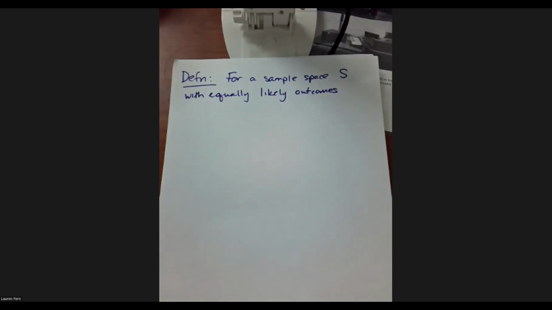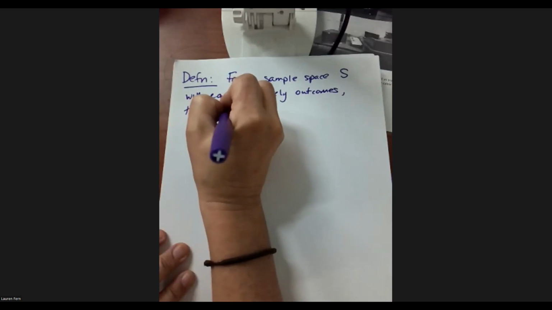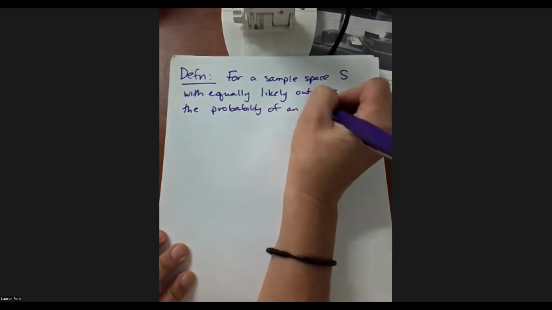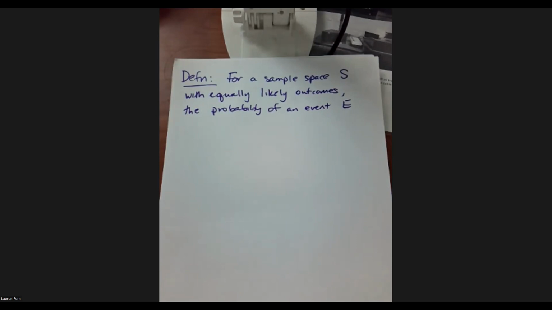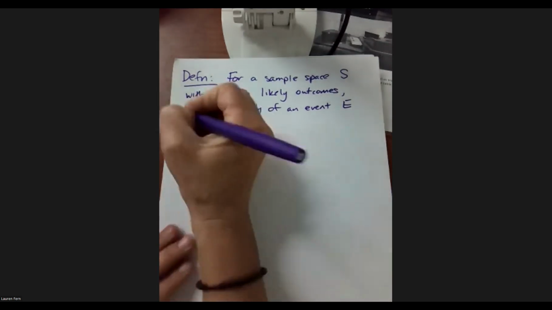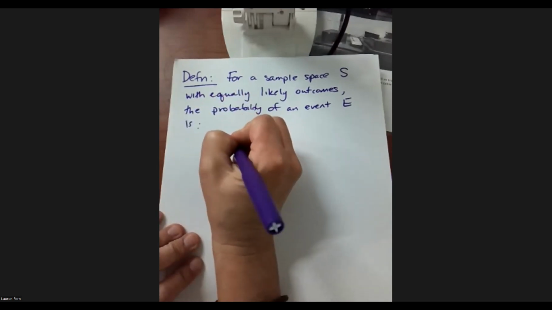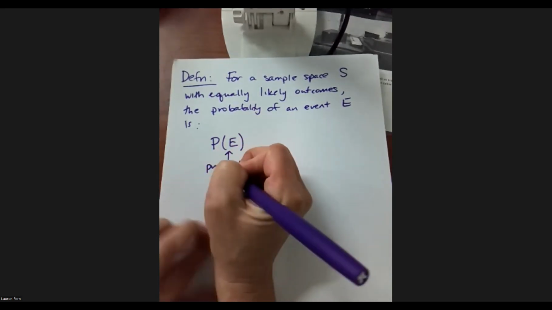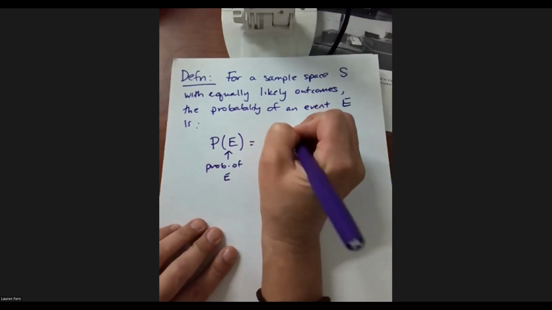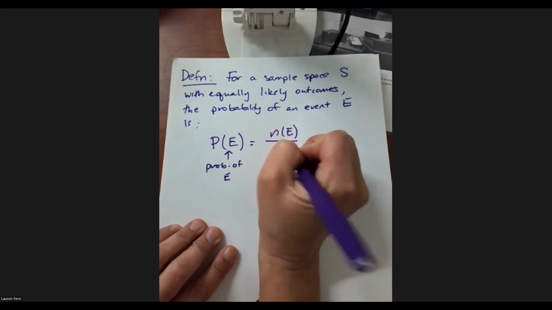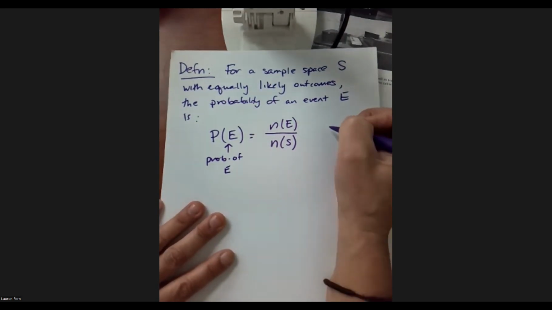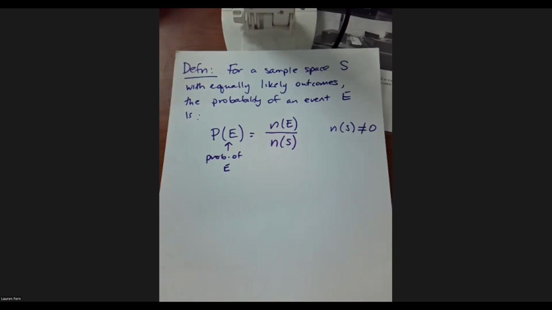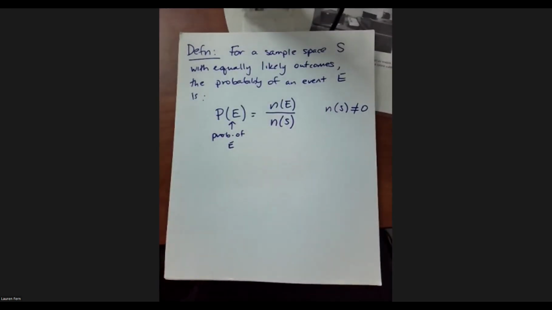Okay, but we're assuming that the probability of an event, I'll call my event E, again, due to my lack of originality, is, okay, when you write P of E, what I'm saying is that's the probability of E. And it's equal to the number of elements in the event divided by the number of elements in the sample space, provided that the number of elements in the sample space is non-zero. Okay, it's illegal to divide by zero.